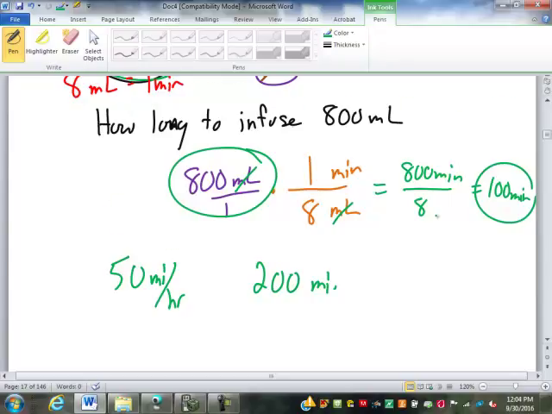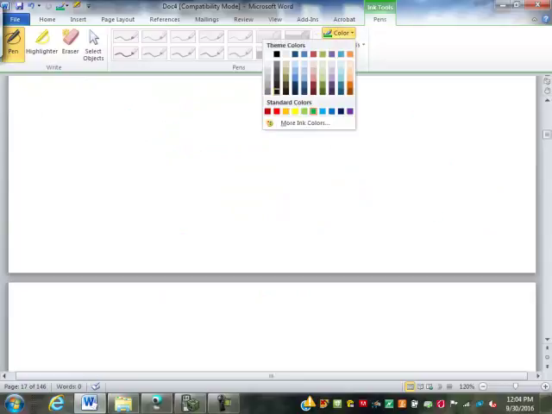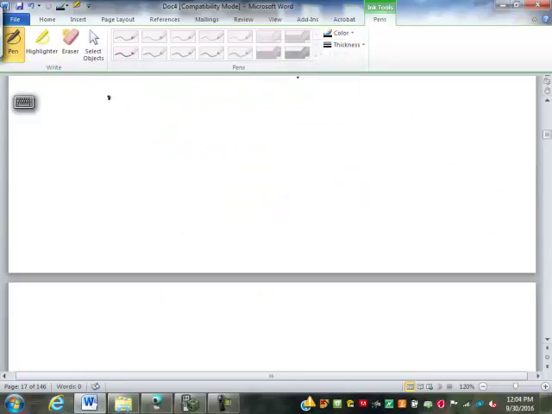So if we have a flow rate, let's say it's listed as flowing at 4 milliliters per minute, and we need to know what it is in drops per minute. GTT, again, is the abbreviation for drops. Some textbooks use GTTS.